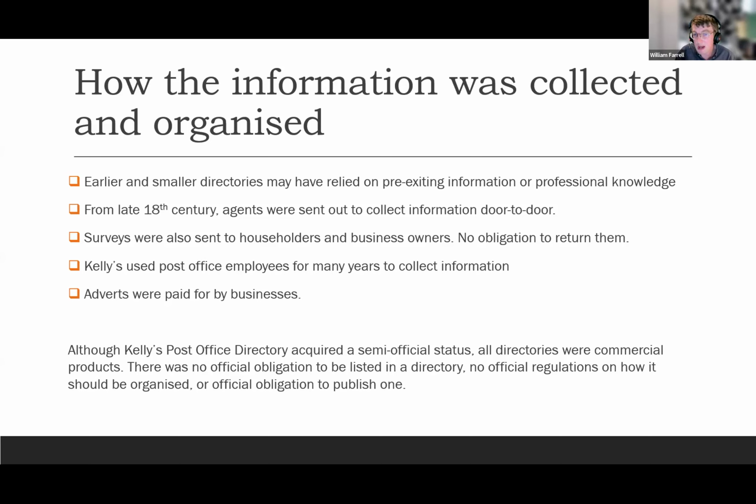Or individuals who had professional knowledge of a sector or a town essentially used their business contacts to start building out the directory. From the late 18th century, people publishing directories started to use agents, whom they sent out into the town or the city to collect the information door to door. So it was a very similar process to the way the census started to be collected by census enumerators.